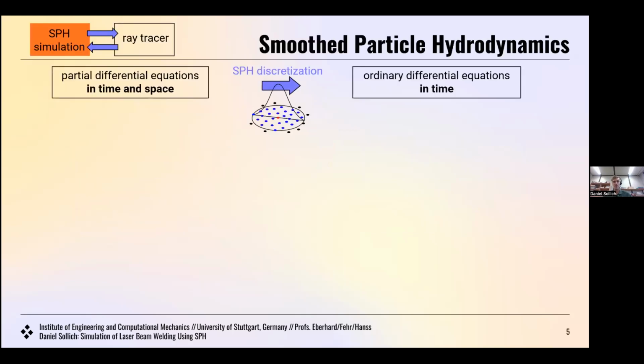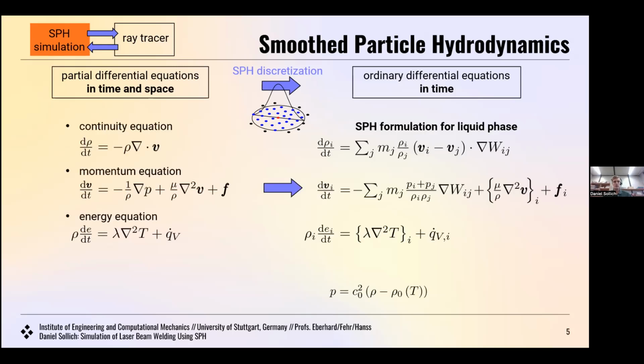Okay, so let us now have a closer look at the SPH side of the simulation. As you all know, SPH is a scheme to transform partial differential equations in time and space into ordinary differential equations in time only. And by doing that, we can transform our governing equations, basically the continuity equation, the momentum equation, and the energy equation, into an SPH formulation.